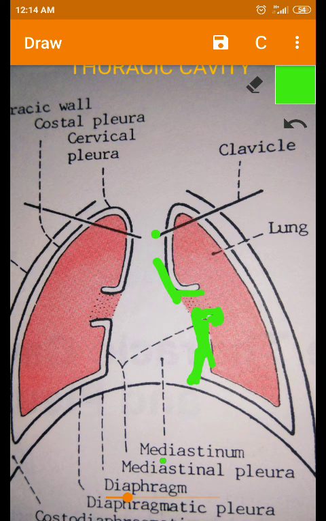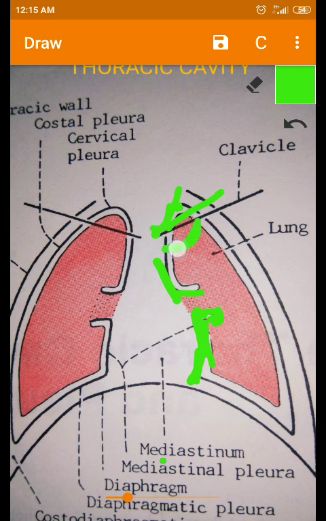Okay, next coming to the cervical pleura, it extends into the neck nearly 2 inches above the first costal cartilage, and 1 inch above the medial 1/3 of the clavicle. So this is the clavicle.